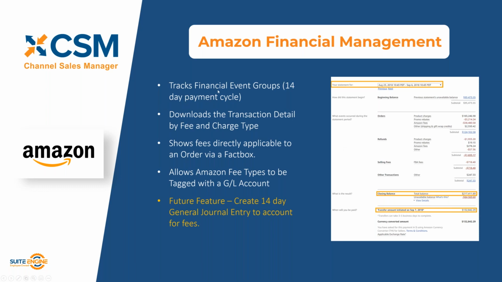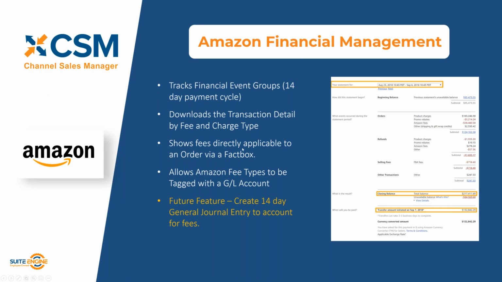CSM will track those financial event groups and list them out within Business Central for you to look at. We will have the transaction detail for each financial event group by fee and charge type. I'm not sure if you've ever seen how many different types of fees there are. This is just a summary here; there are hundreds of different fee types that Amazon has.